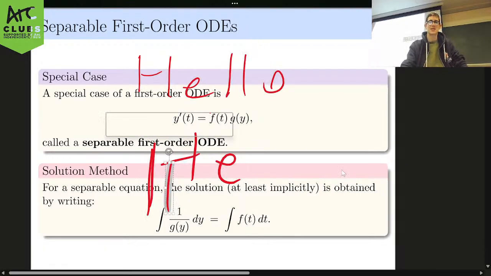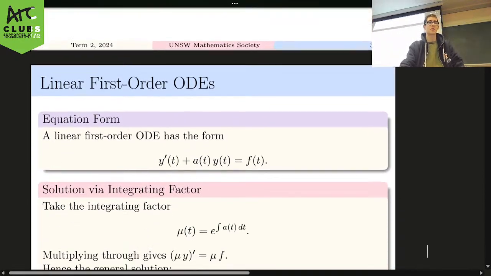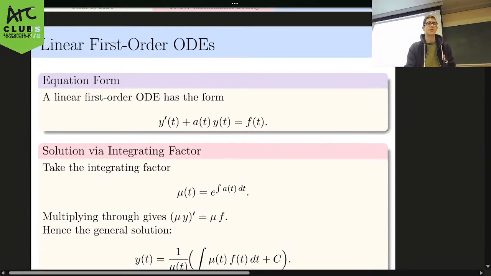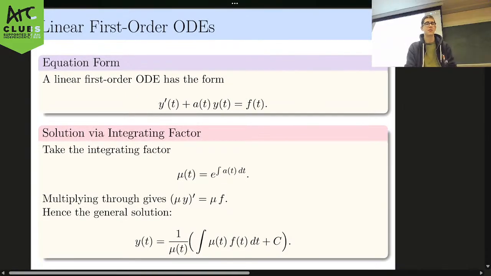So that's a separable ODE. And now let's look at the next thing we want to look at, which is this nice case of a linear first order ODE. This brings up a technique known as the integrating factor method to solve this, which comes up many times in this course, not only in solving linear ODEs, but also in writing equations in self-adjoint form, which we'll see later in, I believe, topic 3. But for here, if we have this type of differential equation, we kind of force it to abide by the product rule.